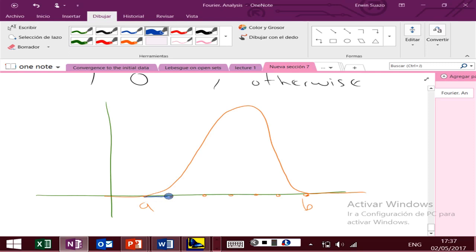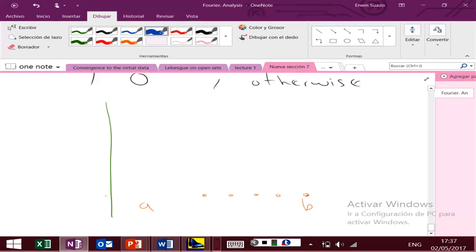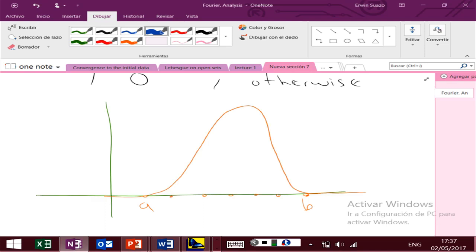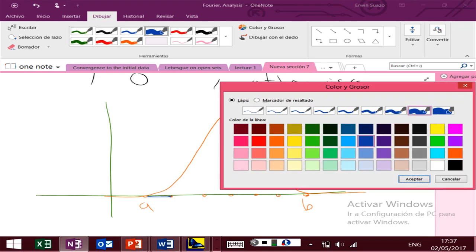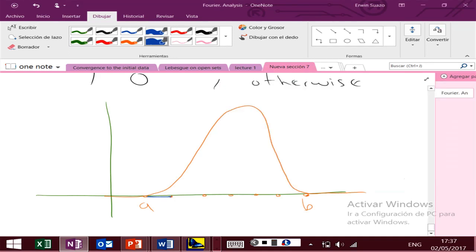So this is my first. Let me see if I can recover. Oh, I recovered. Good. But then for the next interval, from here to here, I choose the smallest one.